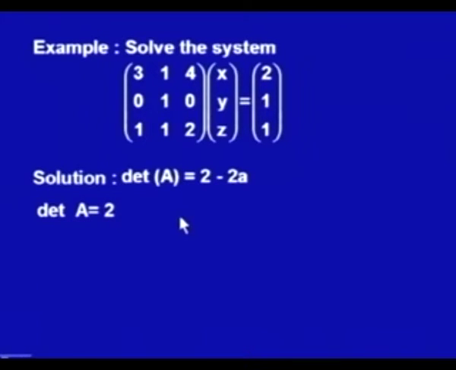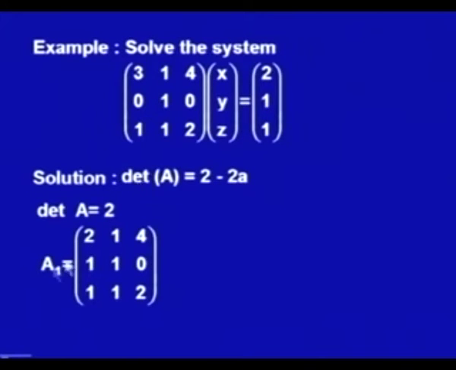But Cramer's rule means that I have to evaluate determinant of A1, where A1 is this matrix, and this determinant comes out to be 2. That can be very easily obtained. If we expand about this particular row, then determinant A1 comes out to be 2, and determinant A is equal to 2.